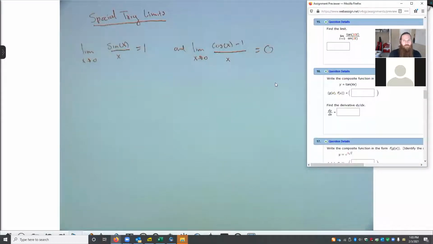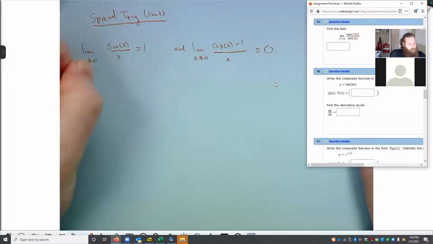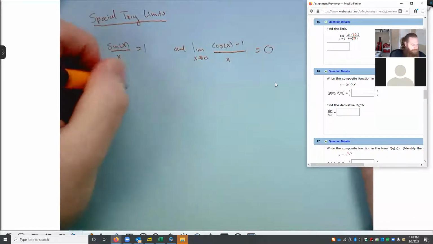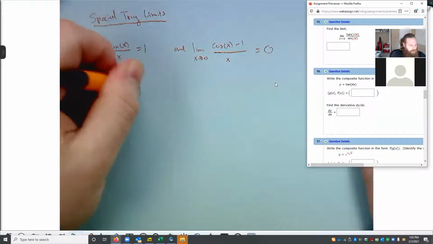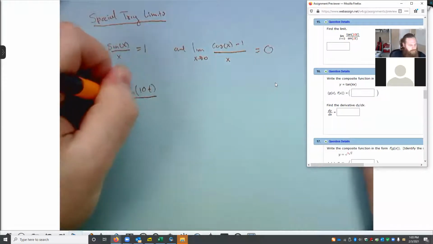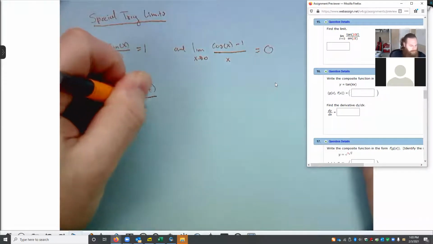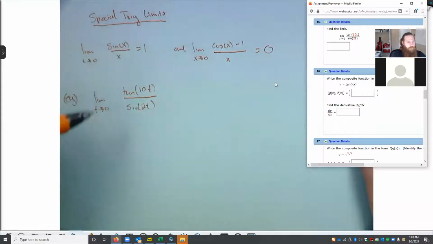of these things. So if I want here, the limit as t goes to 0 of tangent of 10t divided by the sine of 2t. The trick is going to be to split this up somehow into pieces that look like this.